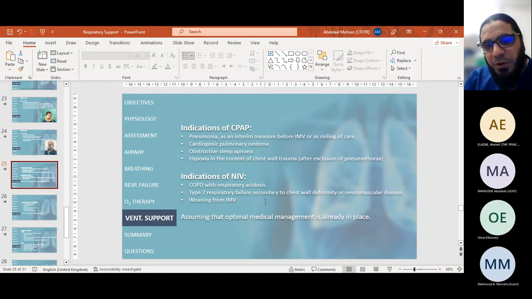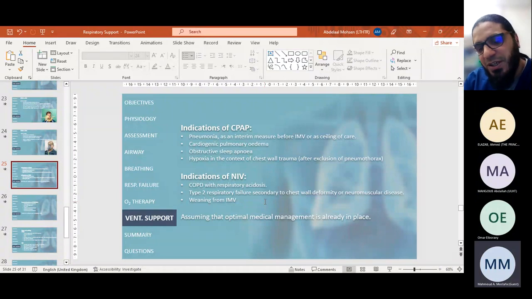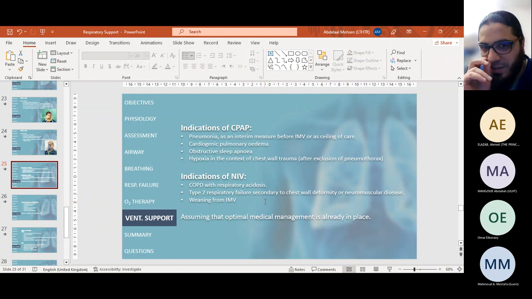So they will use the high flow with a bit of pressure coming from this high flow to inflate the alveoli, pushing this fluid back to the intravascular space and improve the oxygenation. If you give an inspiratory pressure on top, it won't make a difference because the patient is already ventilating well.